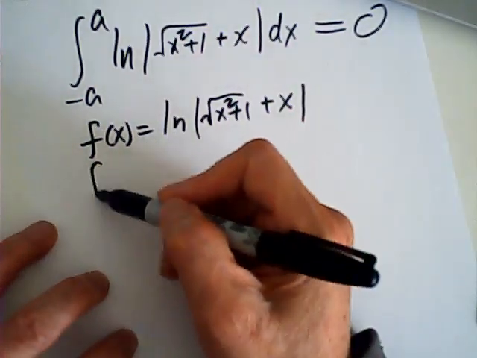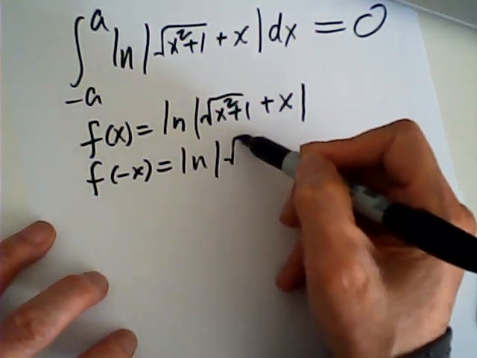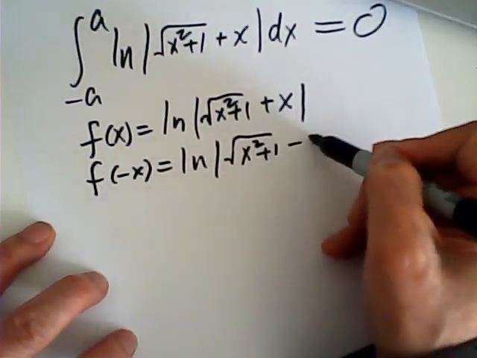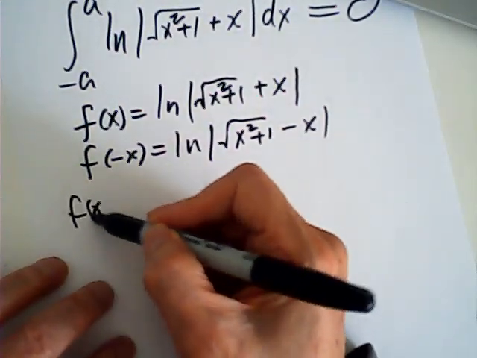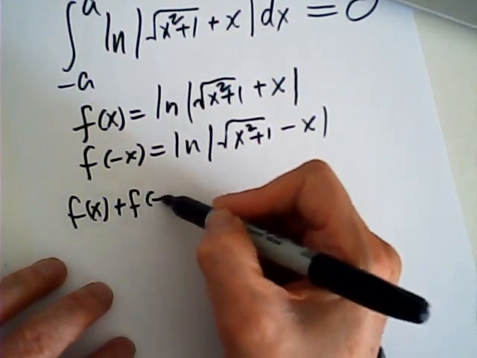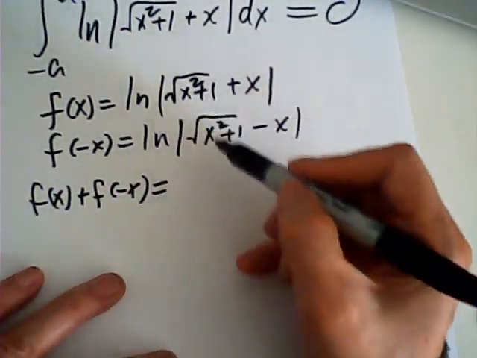And then f of negative x is equal to log of the square root of x squared plus 1 minus x, right? Then f of x plus f of negative x is equal to this plus this, right?